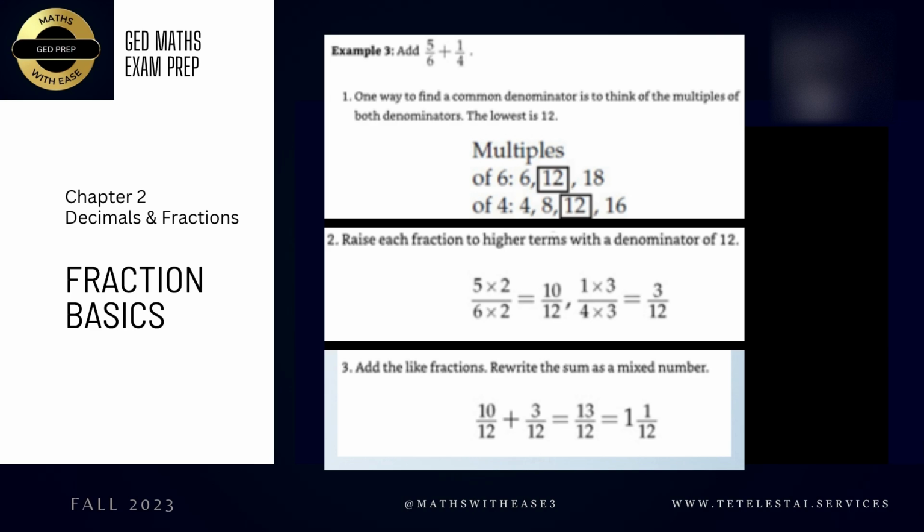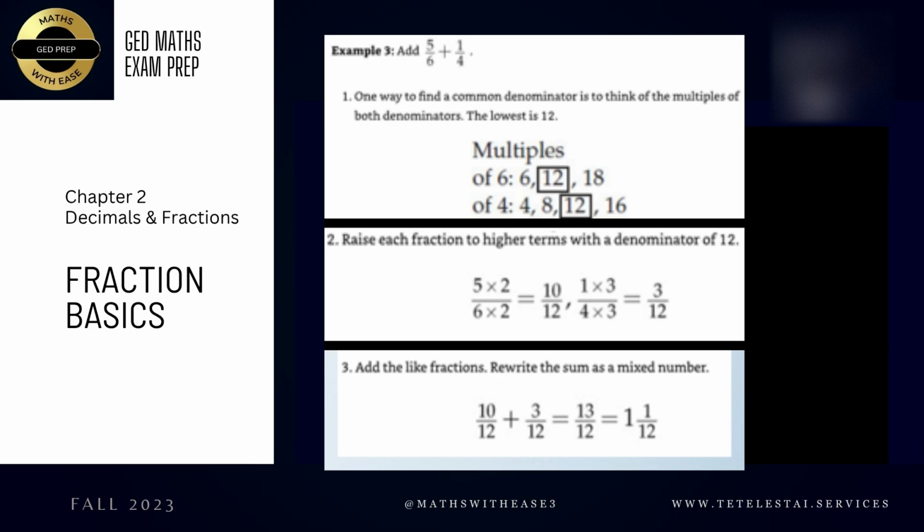So since we had to multiply 6 by 2 to get 12, we're going to have to multiply 5 by 2, and that answer is 10. And then we have to multiply 4 by 3 to get 12. So we're going to have to multiply 1 by 3, and that gives us 3, okay?